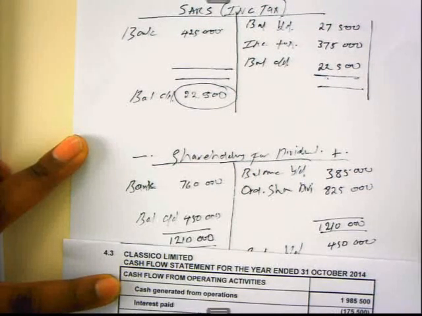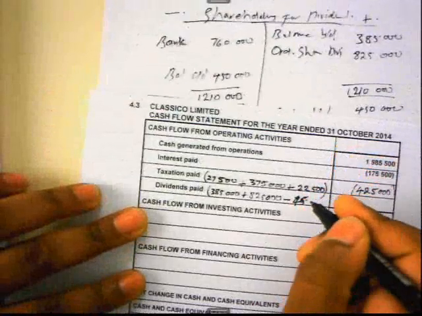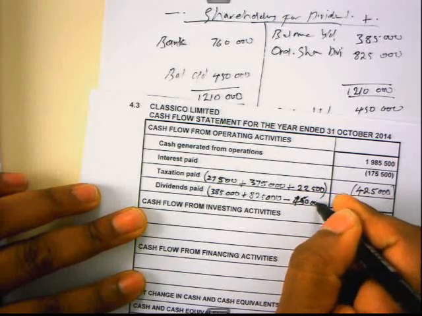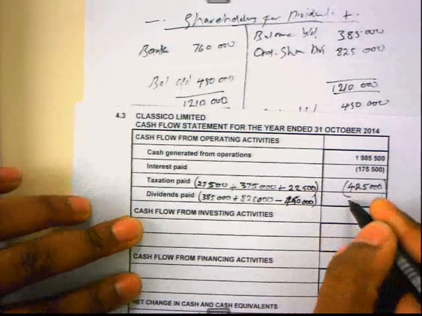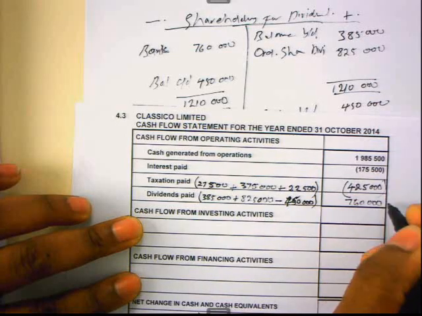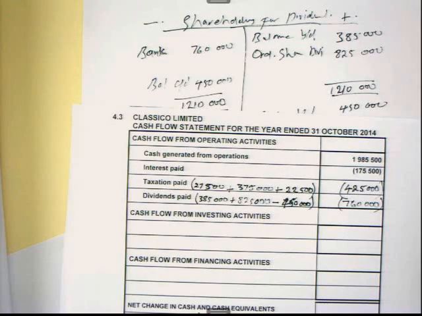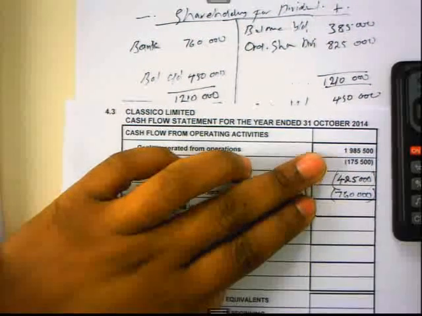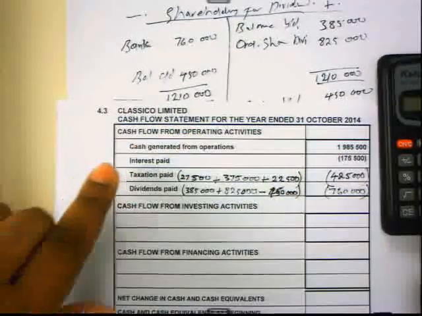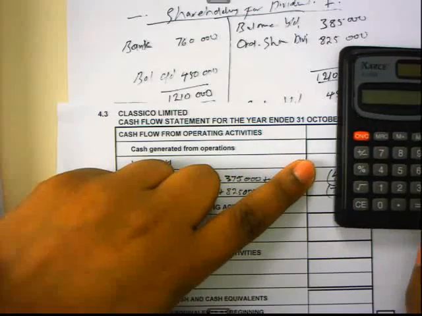Minus 450,000. Then the answer will be 760,000, which is also an outflow because it is dividends paid.